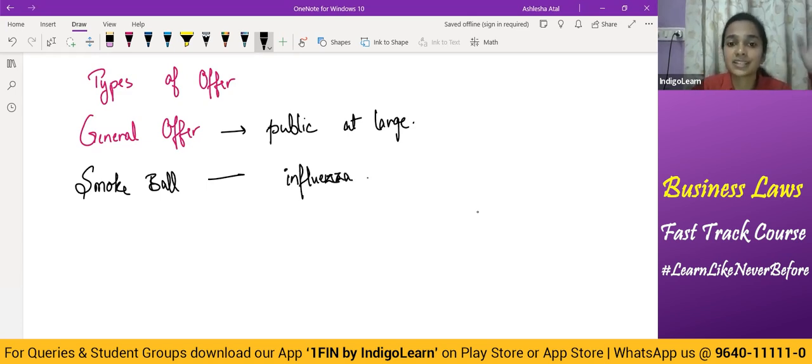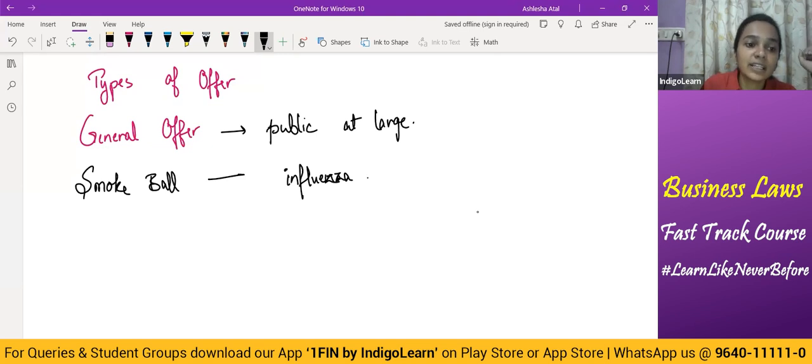The company stated that if, in spite of using our smoke ball as per the instructions, you contract influenza, we will pay you a reward.